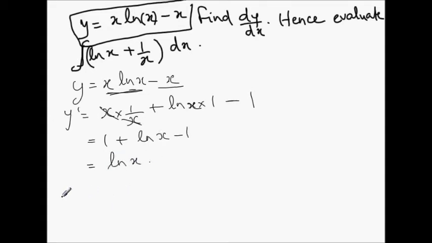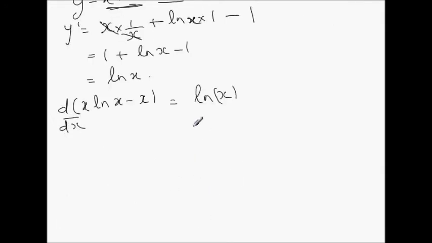So what we had is differential of x ln x minus x with respect to x was equal to ln x, right? Therefore the integral of ln x with respect to x would be equal to x ln x minus x plus a constant c. So that's okay.